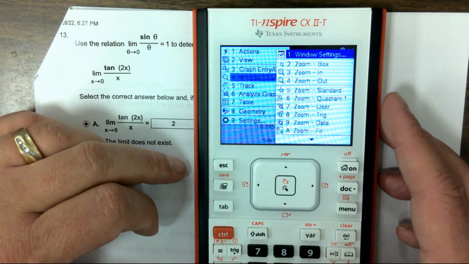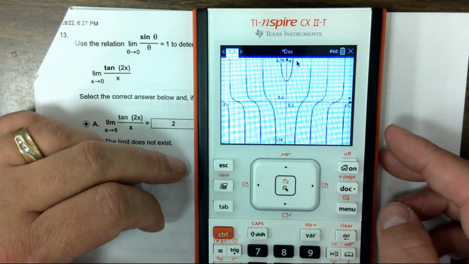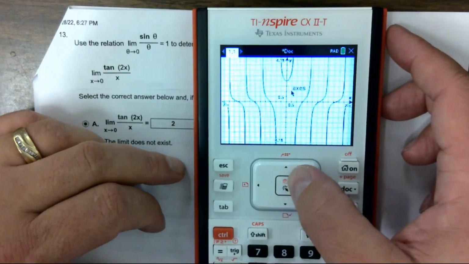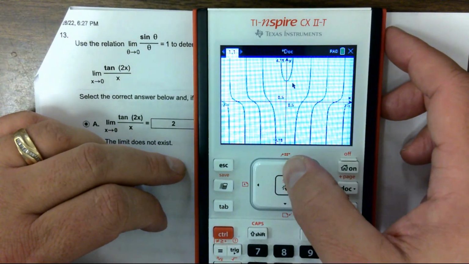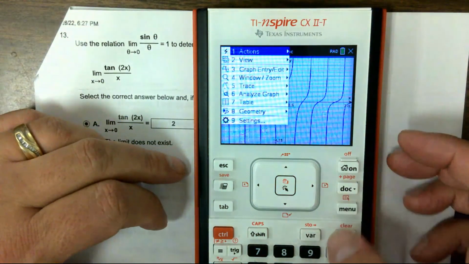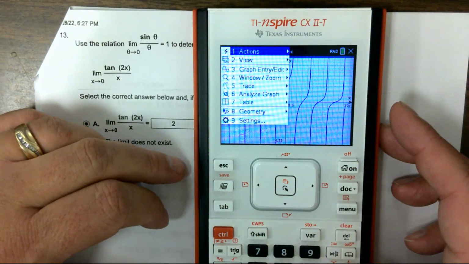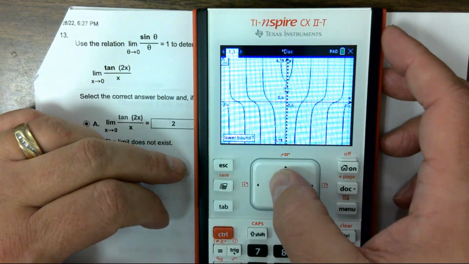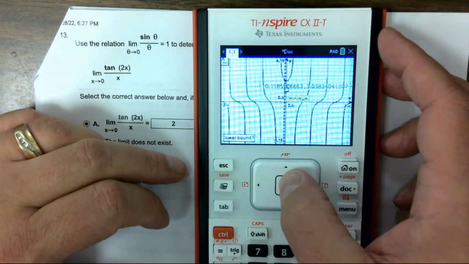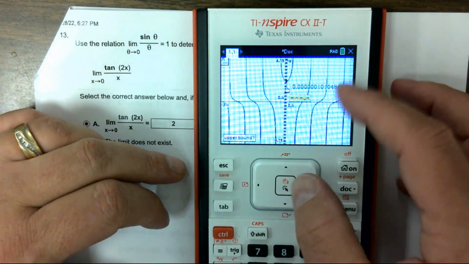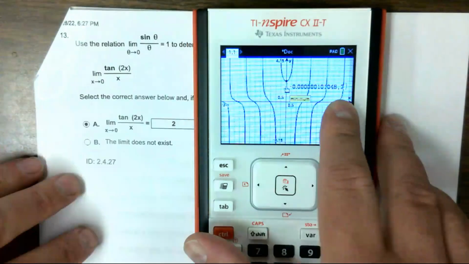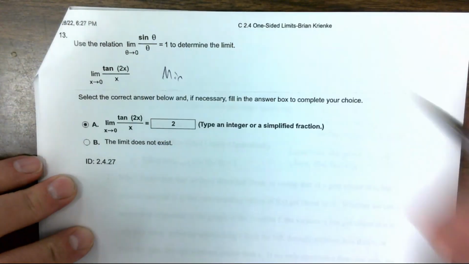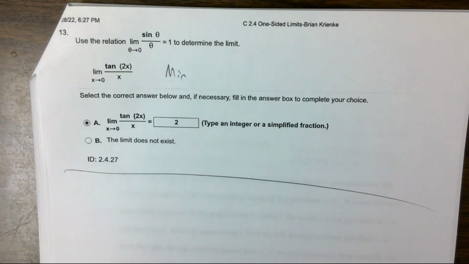First I want to go to a trig window, and then here's a half, there's 1, there's 1.5, there's 2. Or maybe we can do the minimum. If you're very careful, have a small interval between here and here, then it does say 2. So that's your answer. Okay, hope that helps. Hope you all have a great day.